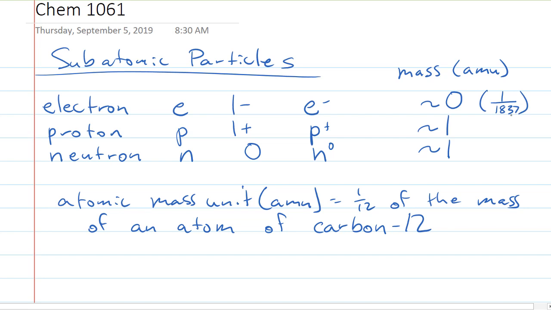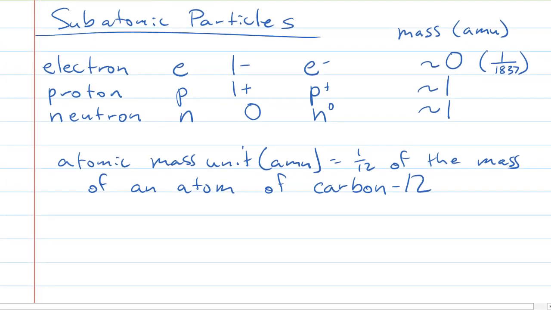And we say it's about because it's not exactly these values. If it's going to be exactly 1, it's going to be 1/12 of the mass of an atom of carbon-12. But we give these approximate values because they're going to give us a chance to very quickly calculate masses for some of the things we're looking at next.